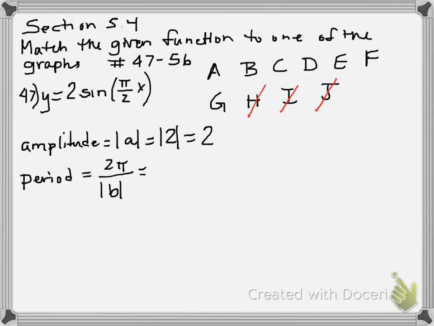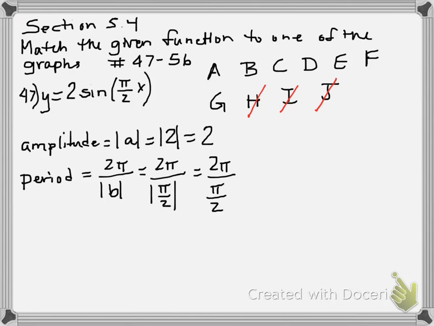So the period is 2 pi divided by the absolute value of B, and B in this case is pi over 2, or pi divided by 2. So I have 2 pi divided by pi divided by 2.